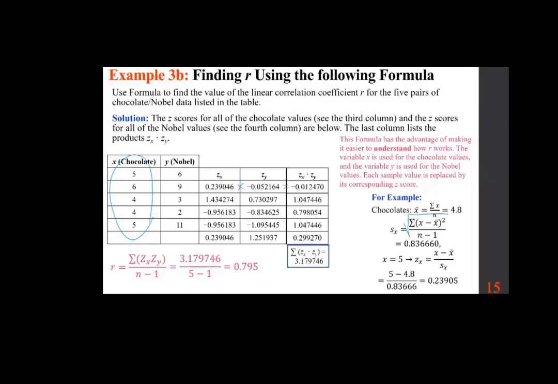So everybody remembers how we calculate the z-score. The z is what? X minus mu over sigma, or x minus x bar over s. So that's how you calculate it.